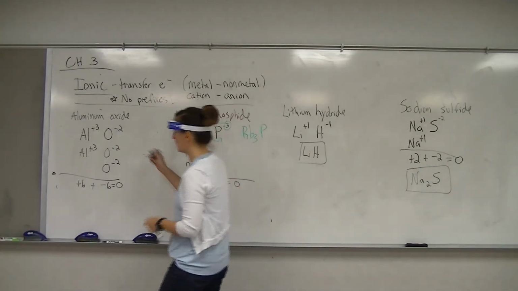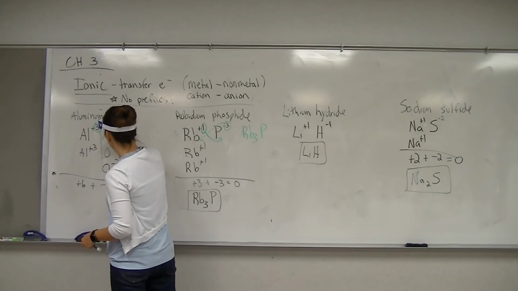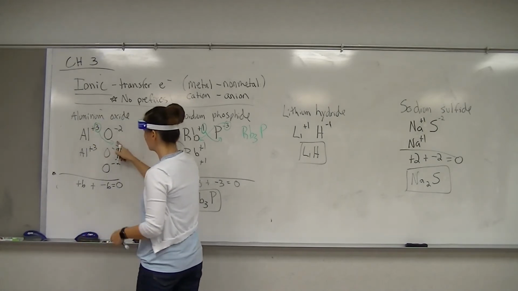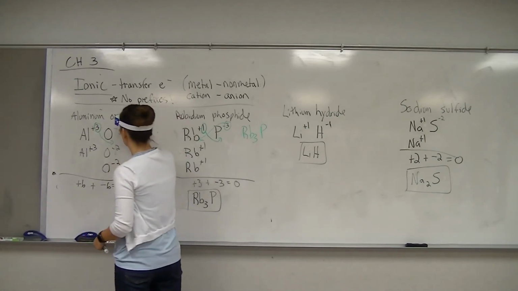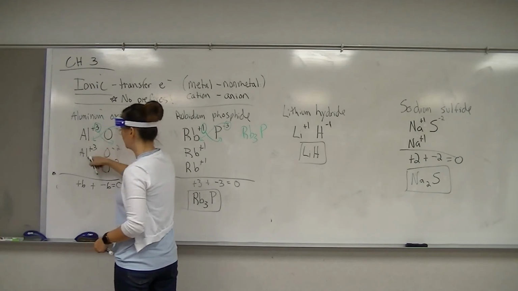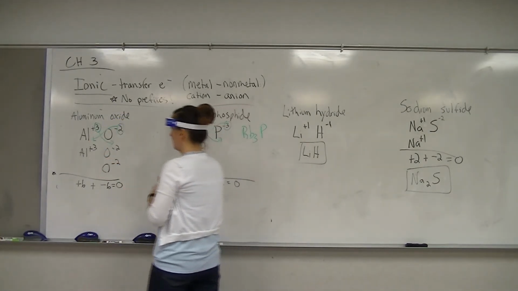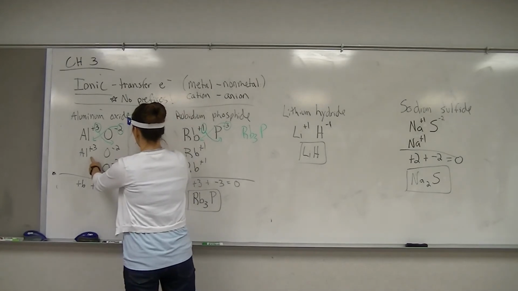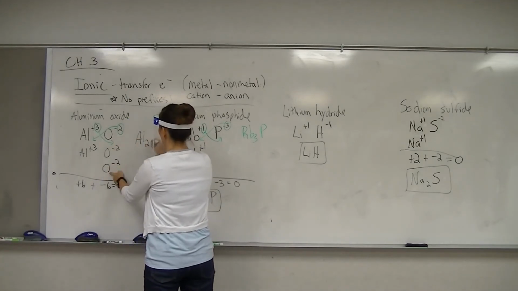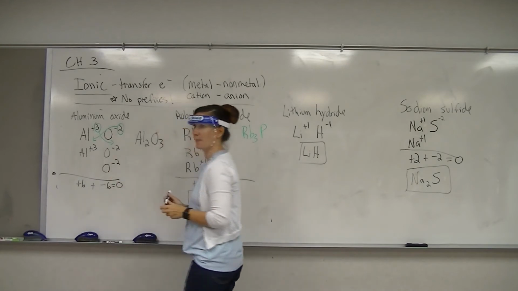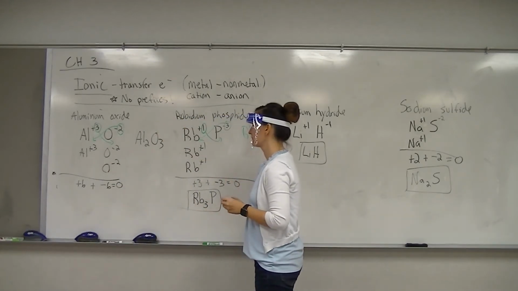Now notice you could have also done the crisscross method, where I need 3 oxygens, 1, 2, 3, and 2 aluminums. Both ways give you the same answer. So I have Al2O3. Oh, so you have to multiply both sides, like 3 times 2, and the other side equals 6.